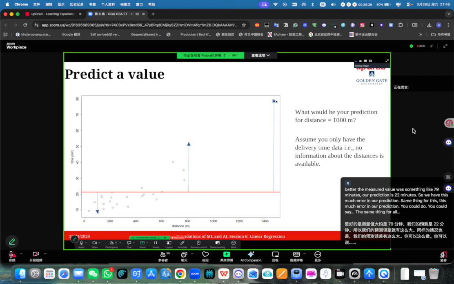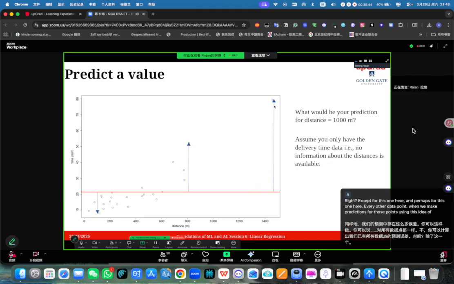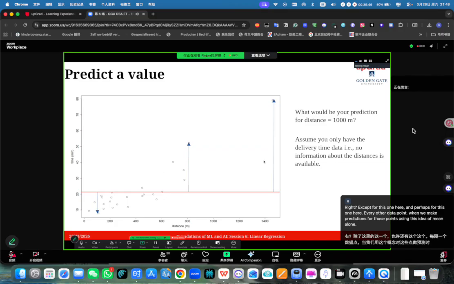You could calculate the errors in prediction for all the data points that we already have, right? Except for this one here, and perhaps for this one here. Every other data point, when we make predictions using this idea of mean alone, we will have this much error, correct?